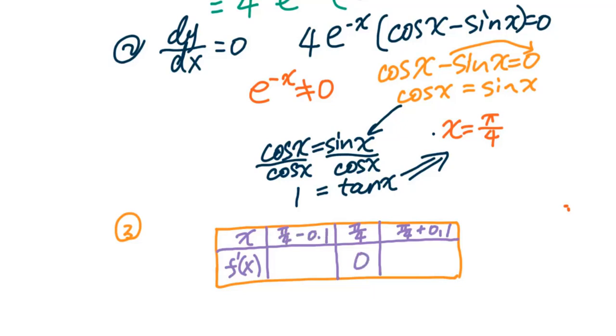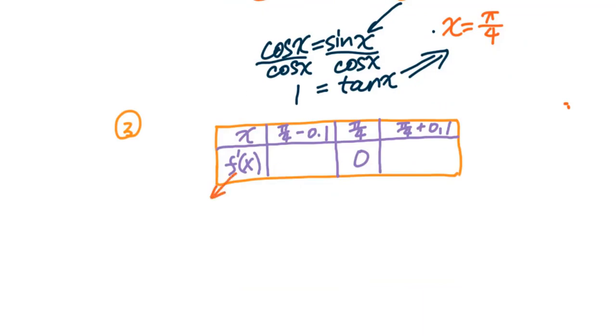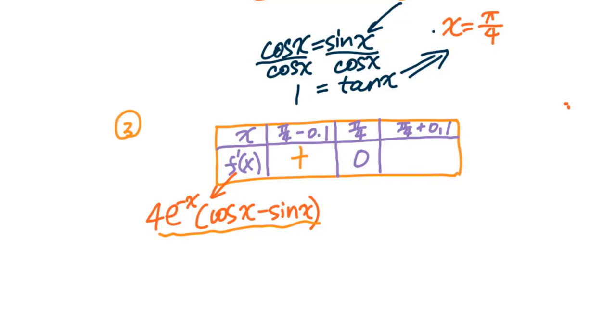This part is 0. The derivative function is 4e to the negative x power, cosine x minus sine x. When you substitute pi over 4 minus 0.1 into this derivative function, it's positive. Here it's negative. You could say it's increasing, then goes to pi over 4, then going down.